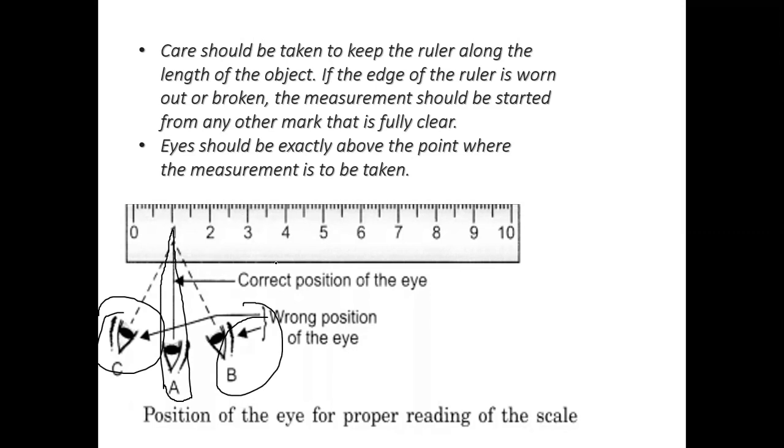If the object has a length of 1 centimeter and we see from a little bit of the left side, it will show us 0.9, or if we see from the right side it will show 1.2 or 1.1. So it is wrong, but the correct measurement is 1 centimeter.